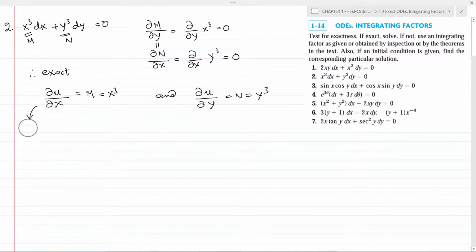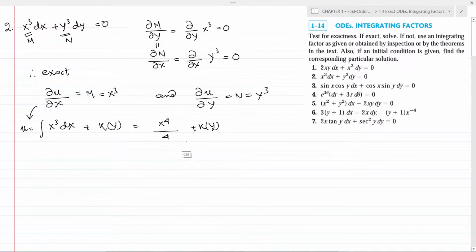From this first partial differential equation, we have u equal to integration of x cube dx. Now we don't have to assume y equal to constant because there is no y term here. So plus k of y, which is equal to x to the power 4 by 4 plus k of y.